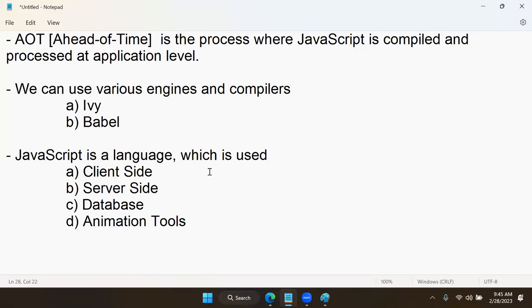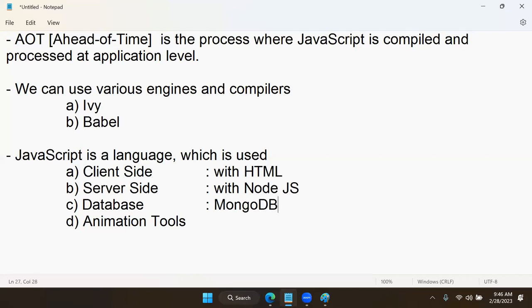It's a very huge language. It is used server-side also. It is used in databases also. It is used in various animation tools also. Client-side, it is used with HTML-like technologies. Server side, we use JavaScript with Node.js-like technologies. Databases use JavaScript, like you have MongoDB.